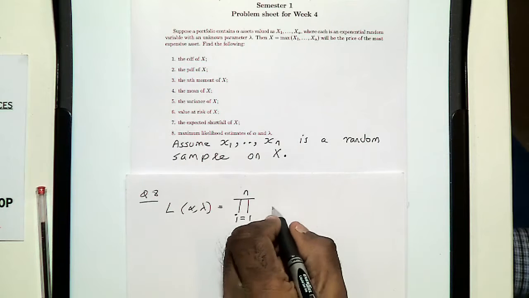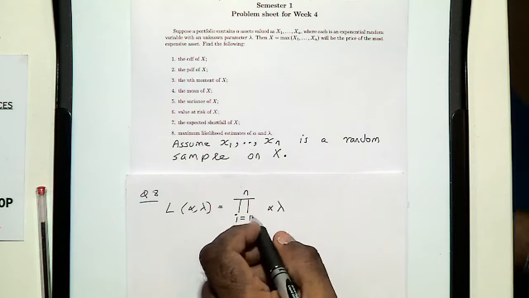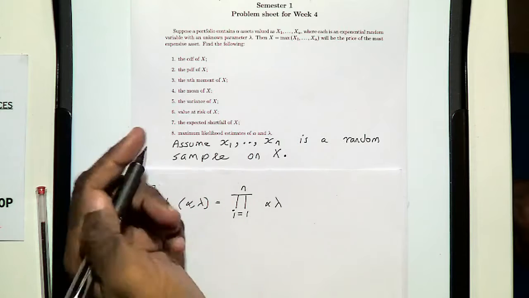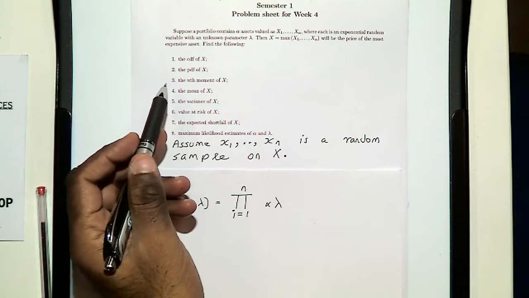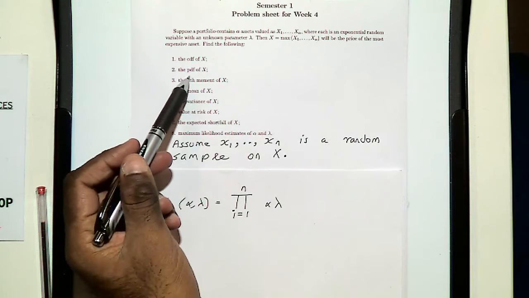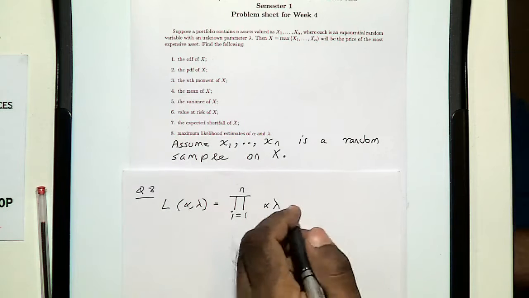The likelihood function is the product of the density function. In this case, it is the density function of x, which we derived in part 2.